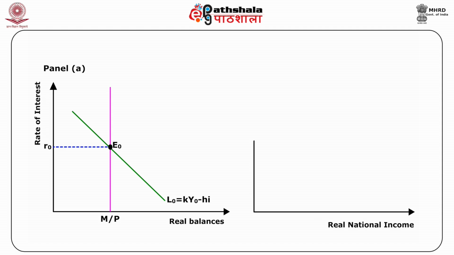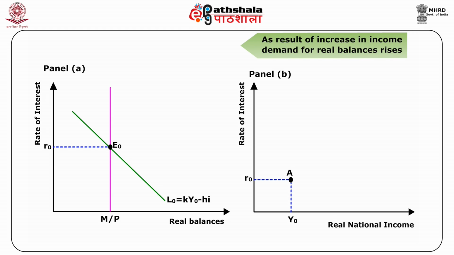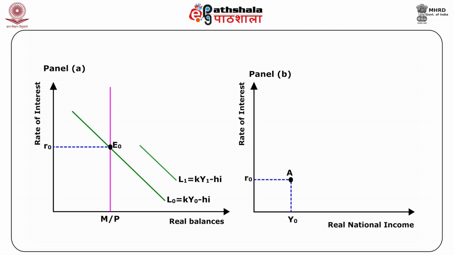In panel B, the point corresponding to E0 is recorded as point A where interest rate is R0 and income is Y0. As a result of an increase in income from Y0 to Y1, the demand for real balances rises from L0 to L1.